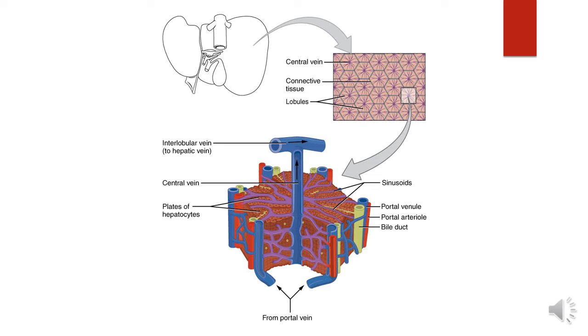Now, going through each of the individual cell types that are in the liver. The most important one is the hepatocytes. Hepatocytes are obviously the workhorse of the liver. It does all of the functions, and everything that we talk about in the upcoming slides is all going to be the work that the hepatocytes do.